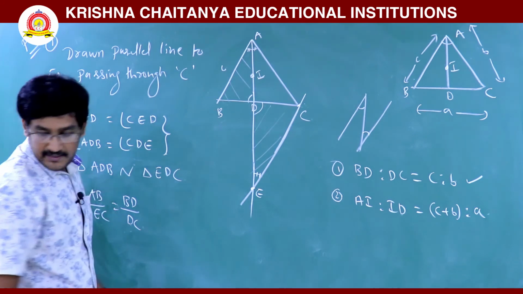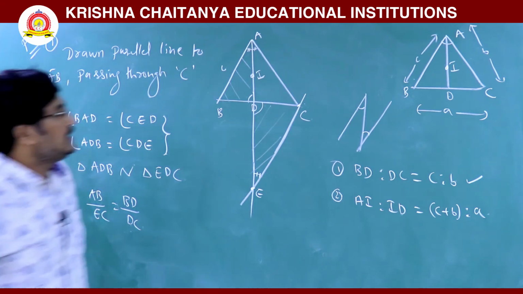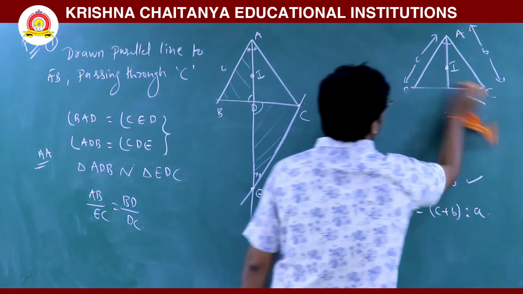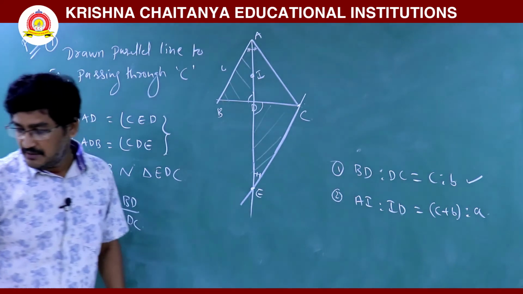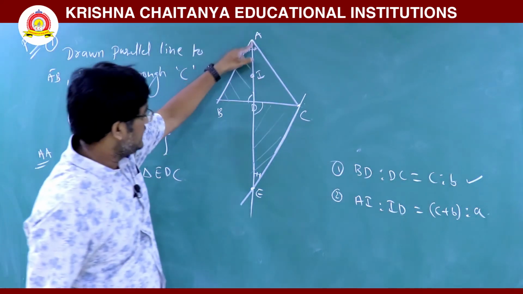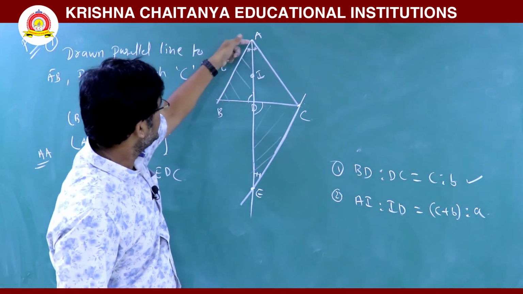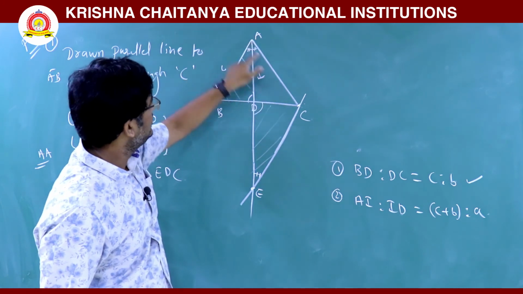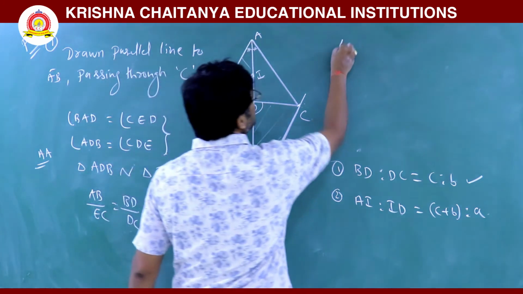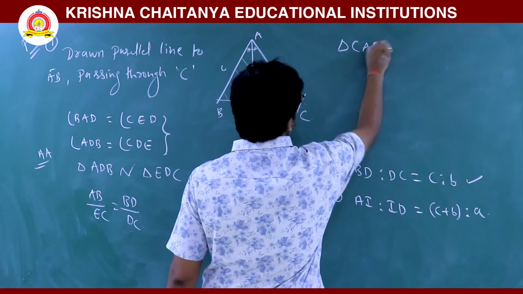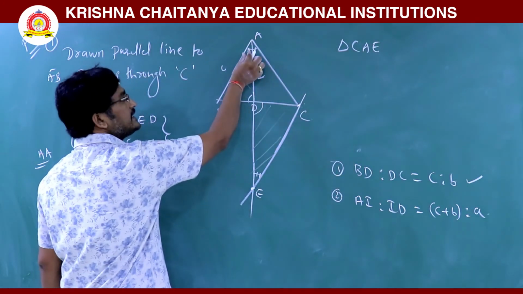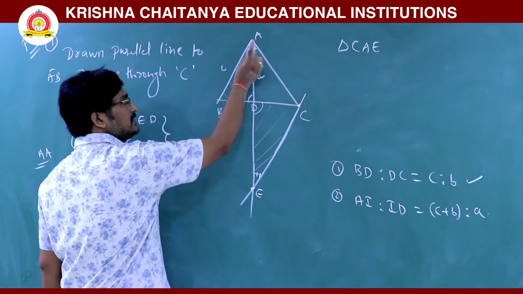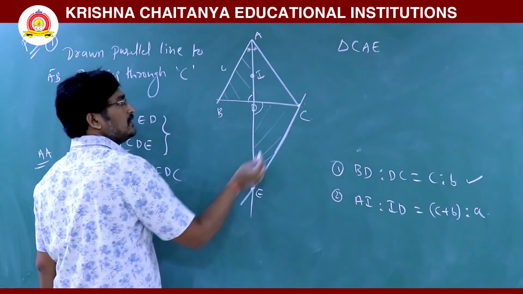One more observation here. Listen to me. Just think about this triangle. What is it? Triangle CAE. In triangle CAE, this angle and this angle should be the same.